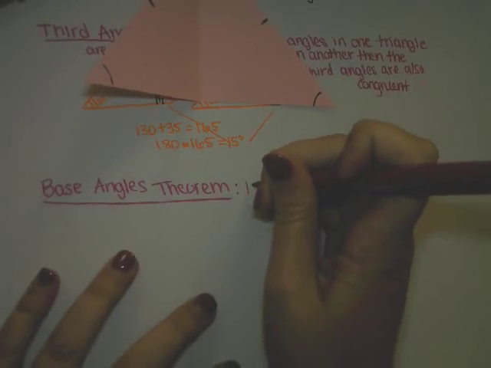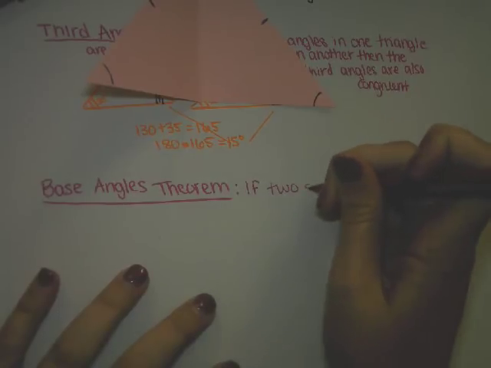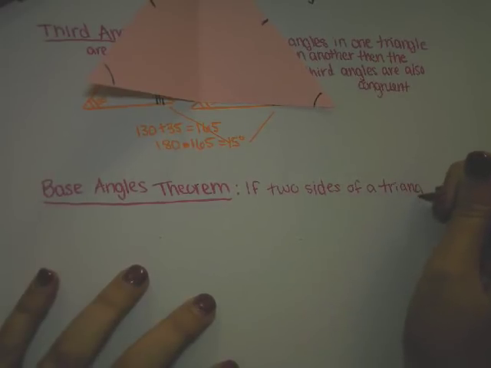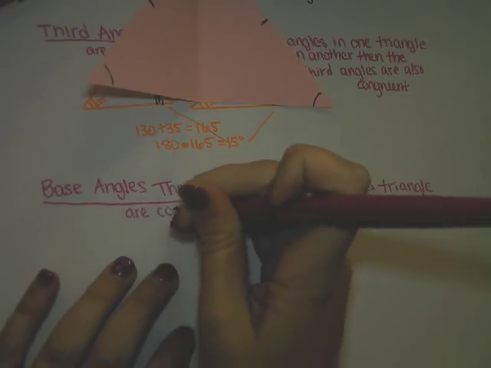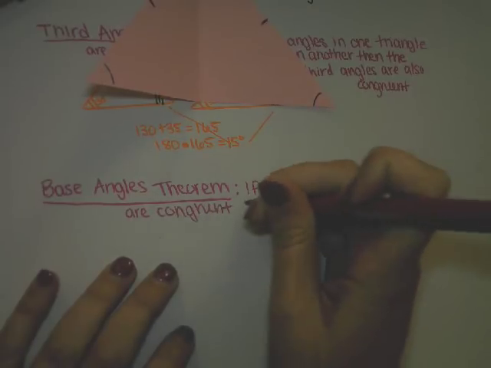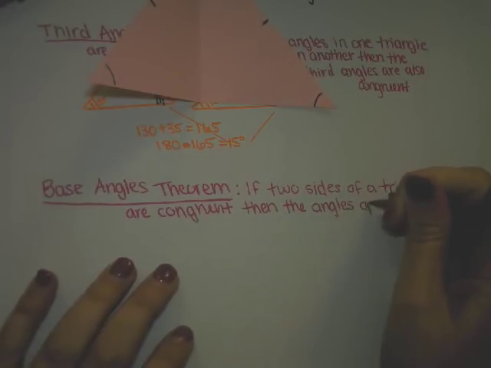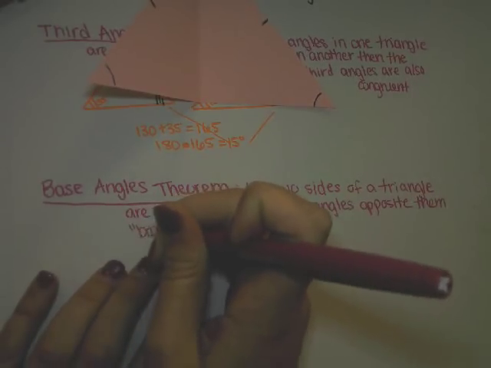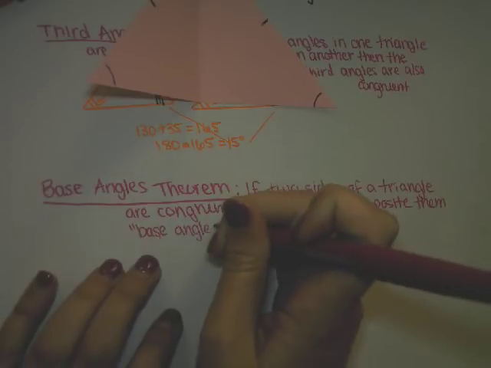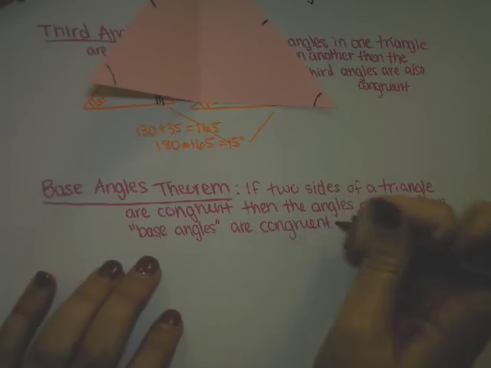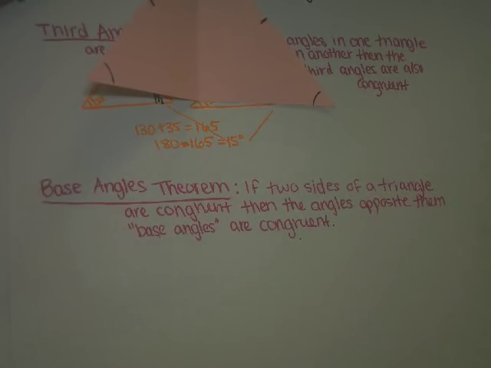Base angles theorem: if two sides of a triangle are congruent, then the angles opposite them, or the base angles, are congruent.